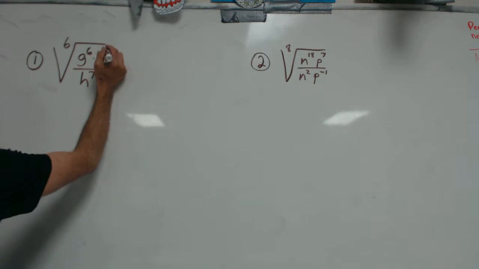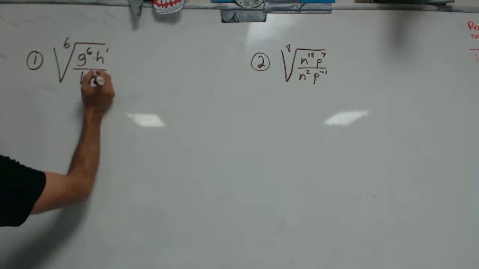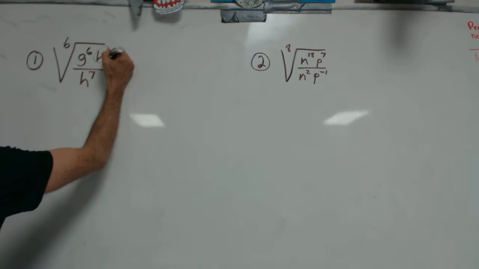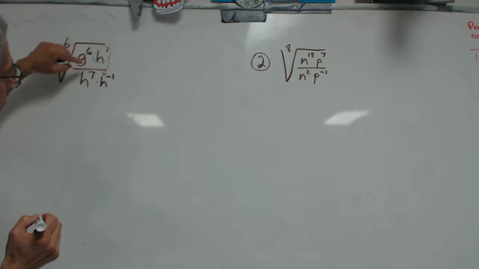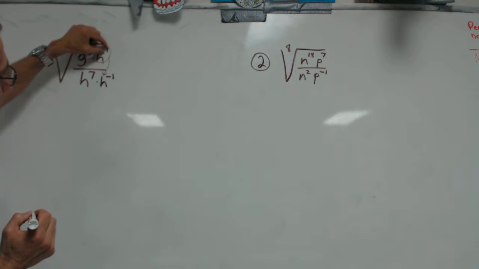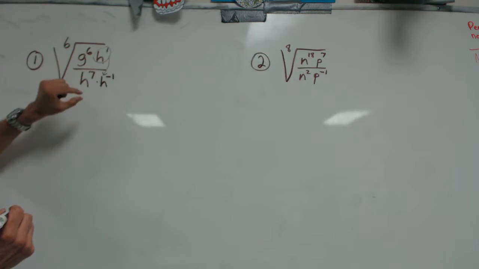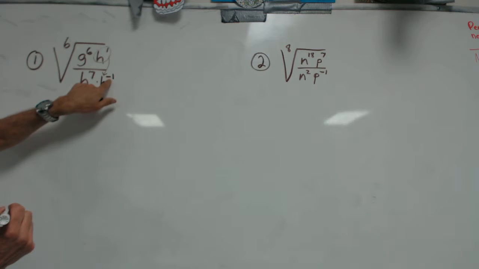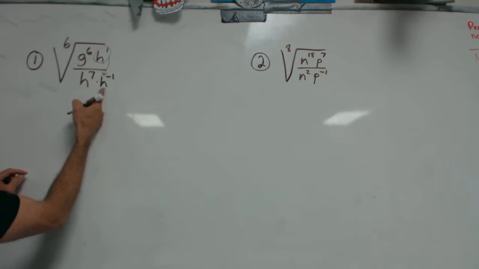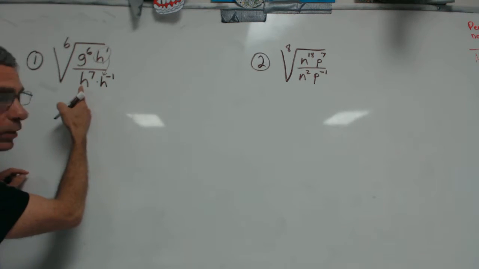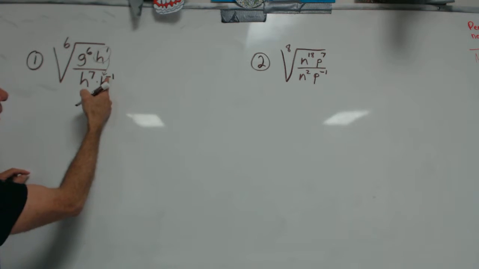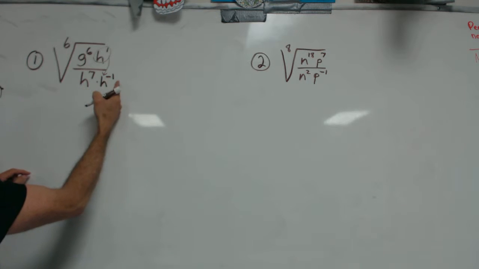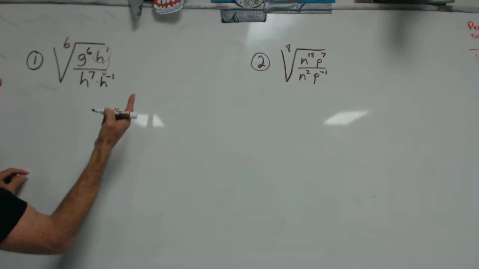Now, if this is h to the positive 1, if I bring this h downstairs, it would then be h to the negative 1, right? Whenever you cross a fraction line, the exponent changes sign. So it went from a positive 1 to a negative 1. Whenever you have same bases with exponents and you're multiplying them, you simply add the exponents. So h to the 7 times h to the negative 1 is h to the 7 minus 1, or h to the 6. Oh my gosh.